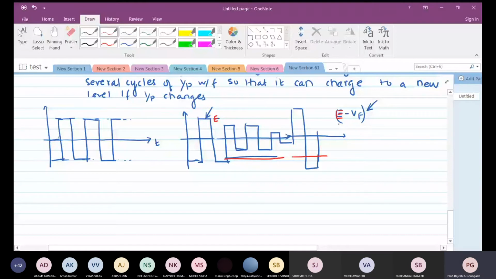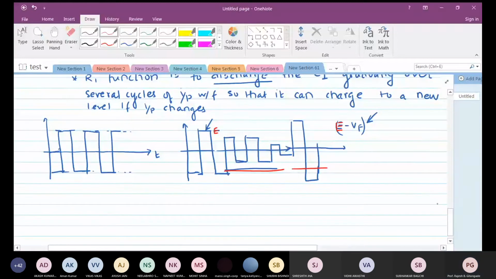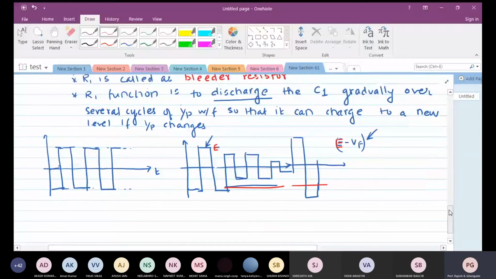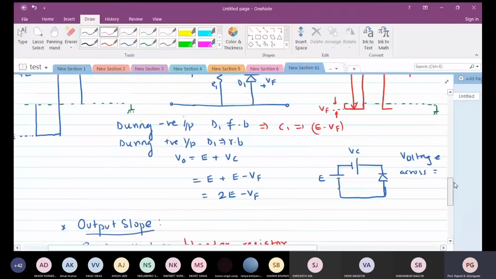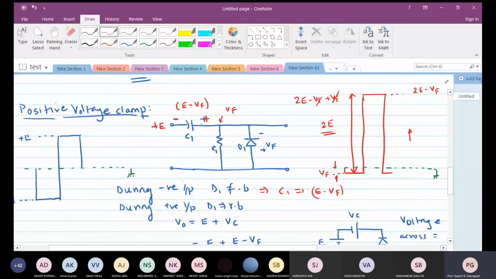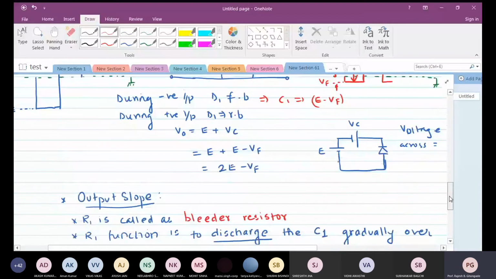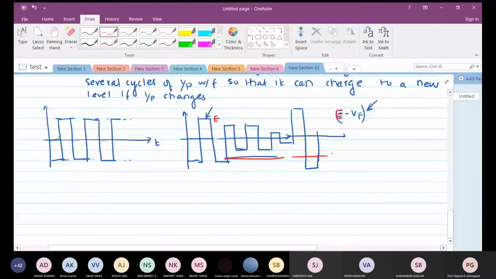Are you getting this? So what we require is that, in order that the output really follows the input, we must make sure that this capacitor is gradually discharged over several cycles of the waveform, so that it can get the new value of E. The capacitor will get charged to the new value of E if I regularly discharge it.